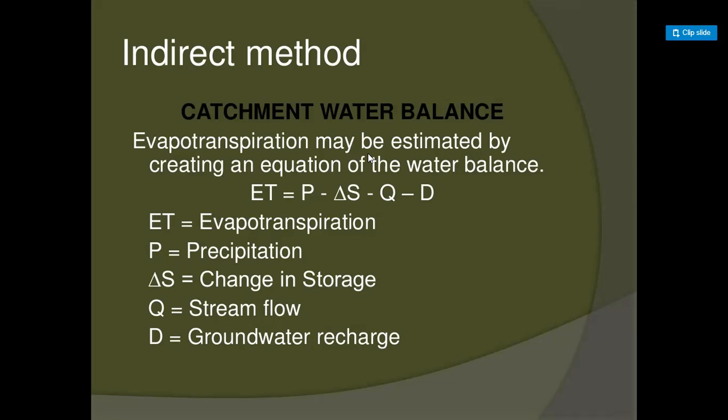Then the evapotranspiration is computed as Et is equal to I minus Q minus delta S, where I is the total inflow in mm, including precipitation and irrigation water, Q is the total surface runoff in mm, and delta S is the increase in soil moisture storage in mm, which is computed from the following equation.